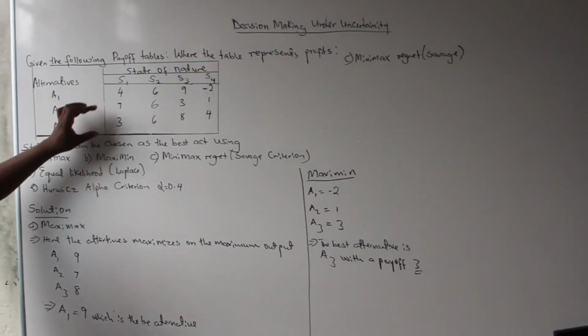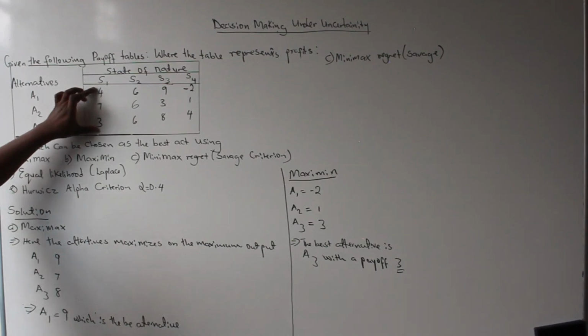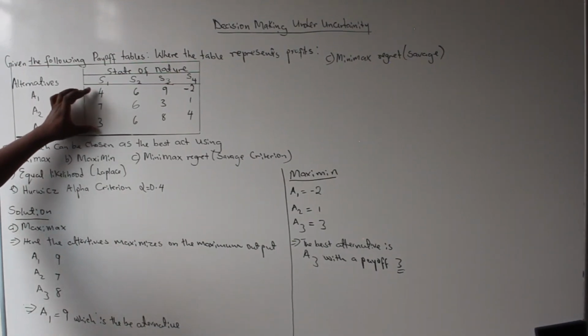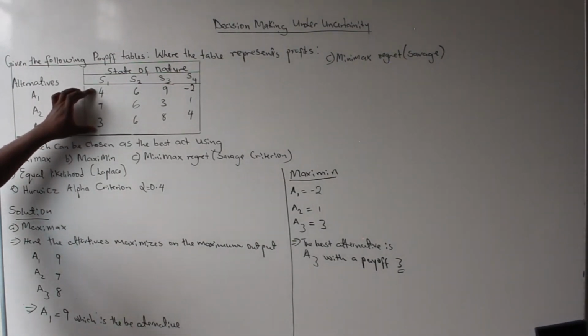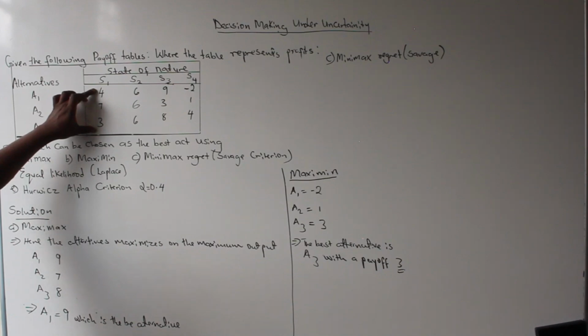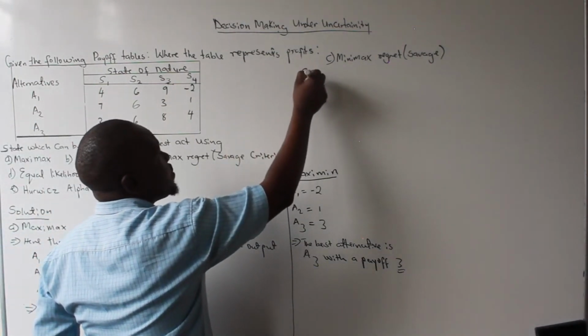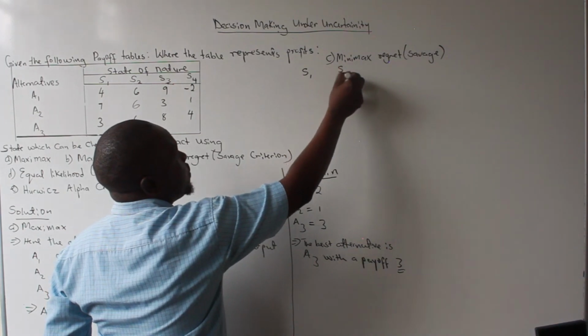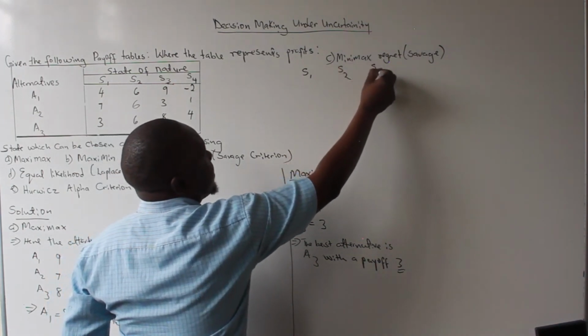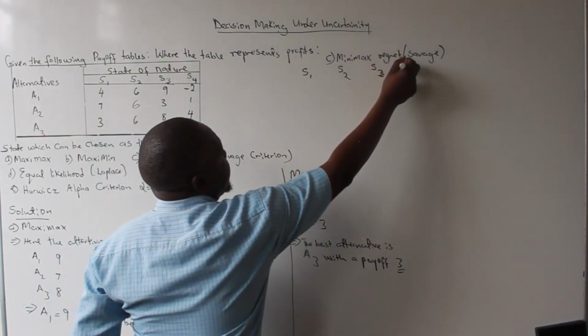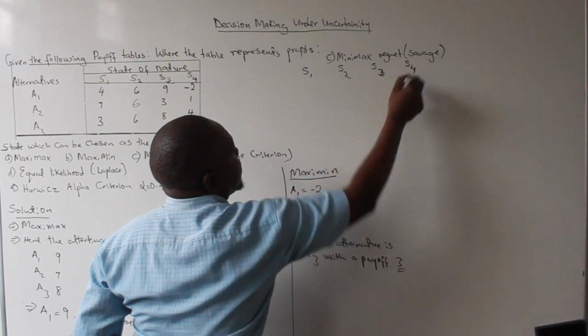Now, column-wise, under the payoff, you look for the maximum. Then you subtract all the values in that column from the maximum value. So let's draw it here under S1, S2, S3, and finally S4.